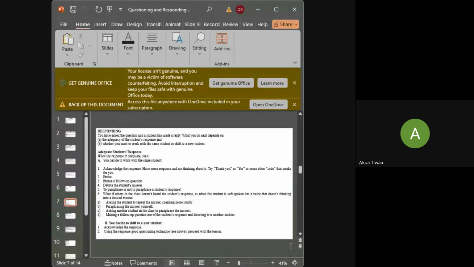And the answer the person brings, you can even debate in class, or you can paraphrase in class. And when you find out that some did not hear, you need to ask the same person to say it again, or you yourself can say it, or you can ask another student to do that for you.